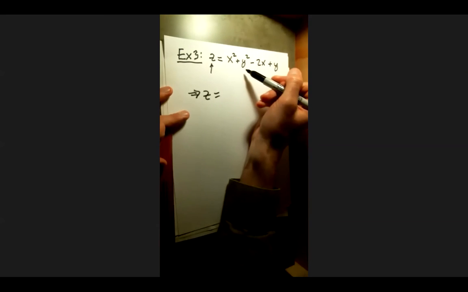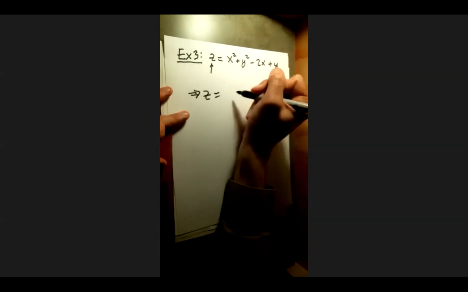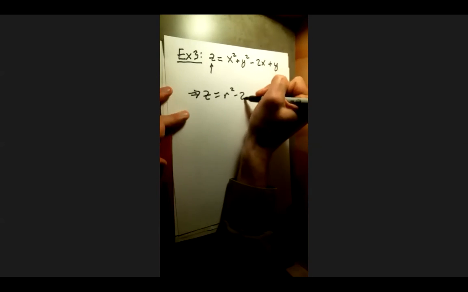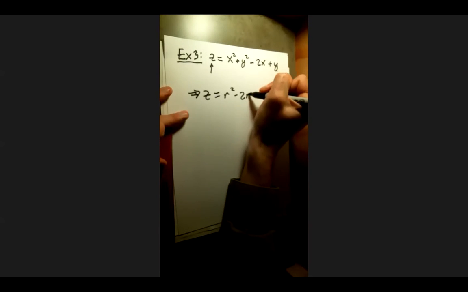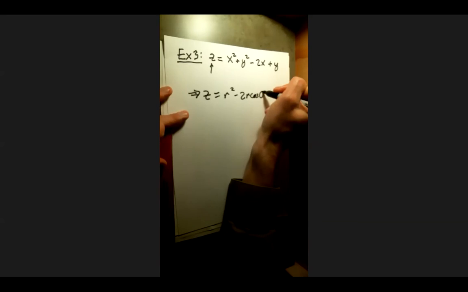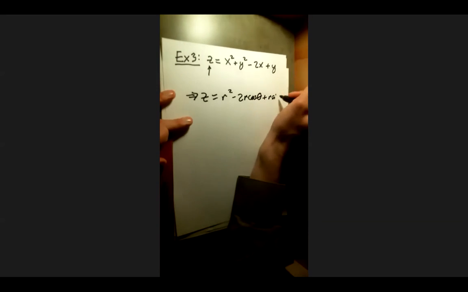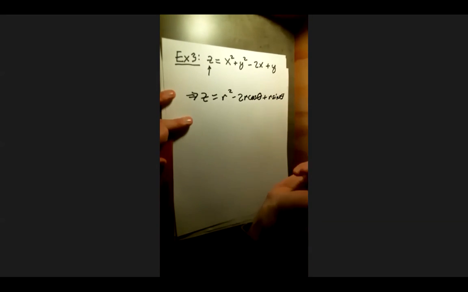So x squared plus y squared can be rewritten as r squared. Our x is r cosine theta, and our y is r sine theta. And so we have a nice formula.